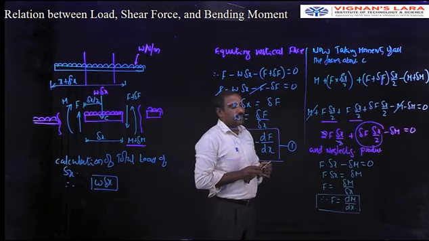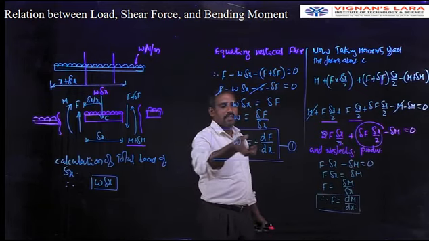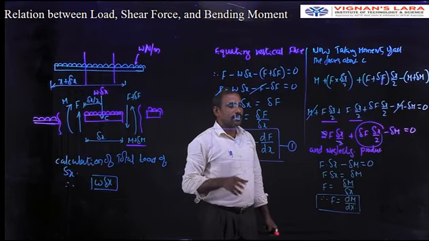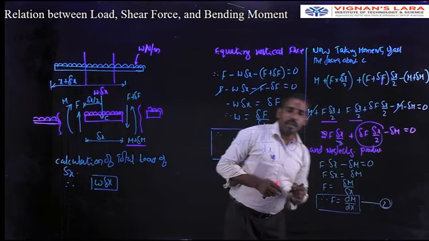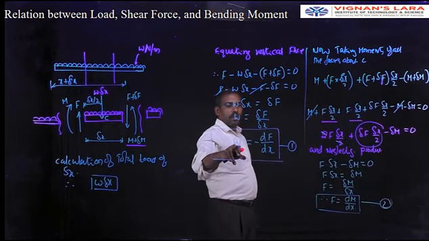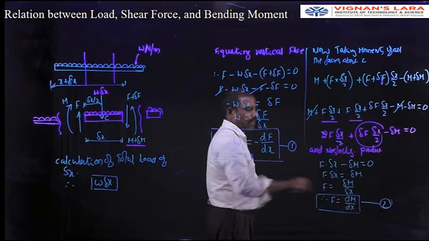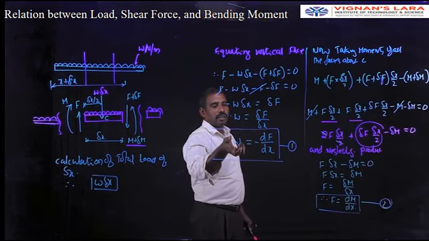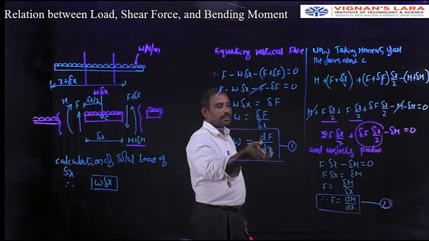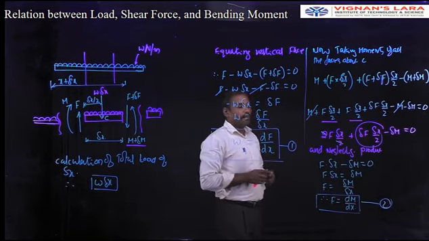Simply, the shear force is the rate of bending moment. The rate of loading is the rate of shear force. So from equations 1 and 2, we know the relation between the load, shear force and bending moment. The rate of loading is the rate of change of shear force per unit length, and the shear force is the rate of change of bending moment.